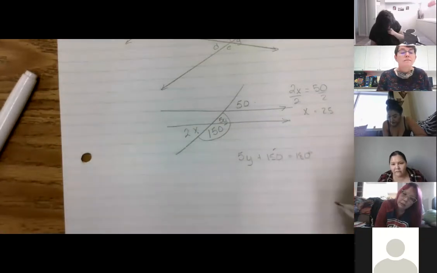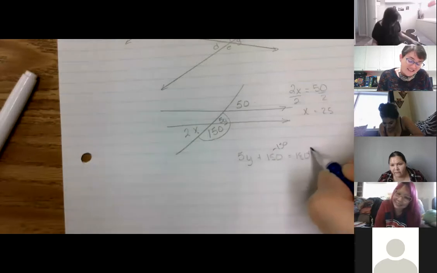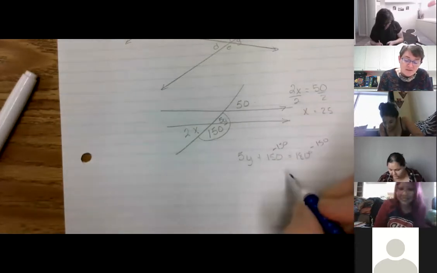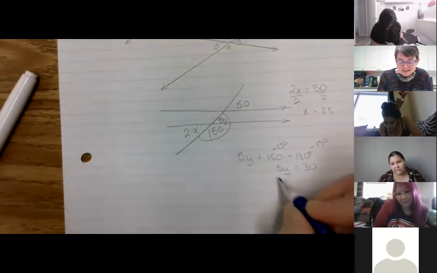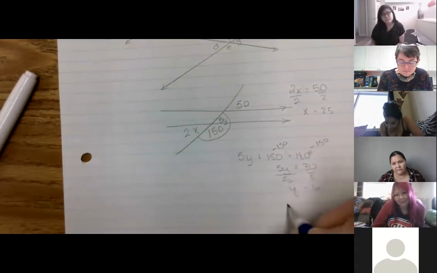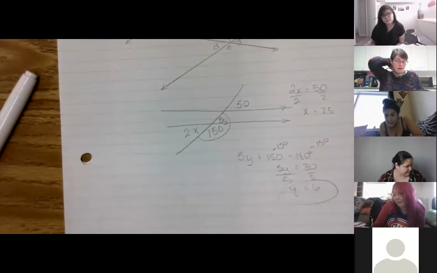Are you sure? I don't know. That's what I figured out in my head, but I don't trust it. So subtract 150 from both sides. 5y is 30, divide by 5, y is 6. So you're going to have to really pay attention to what the question is asking and where everything is located.